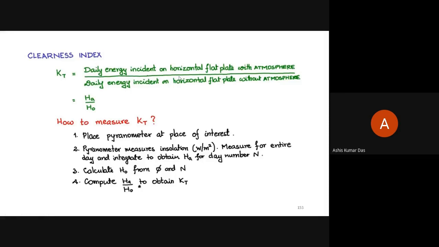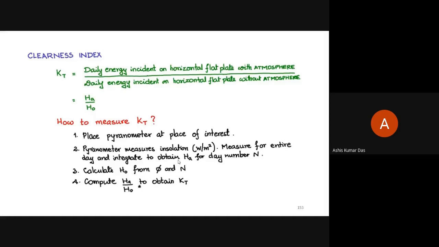The denominator is without atmosphere and the numerator is with atmosphere. The daily incident energy on a horizontal flat plate with atmosphere, we have been using the symbol HA, and without atmosphere we are using the symbol H naught.